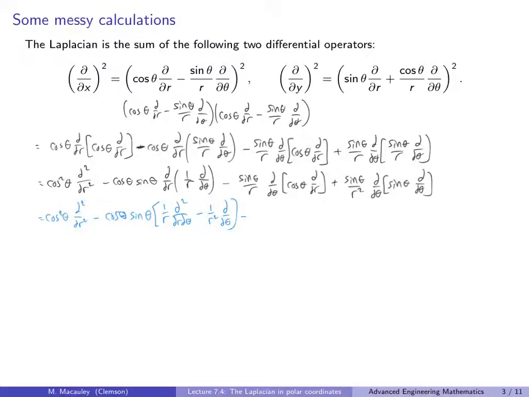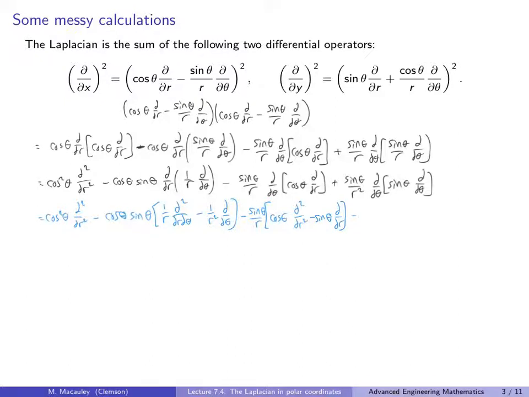Next, we have minus sine of theta over r times, now we got to do the product rule in here too. So cosine of theta times d theta of d theta of d/dr, which is d squared dr squared, and then plus the derivative of cosine, which is sine, so that's minus sine of theta times the second term dr. So again, it's messy, but it's very straightforward.